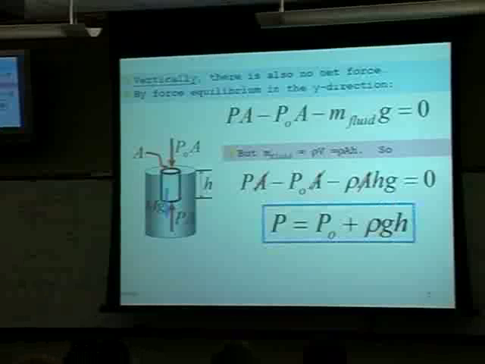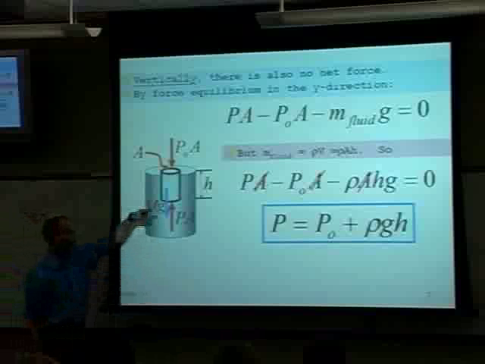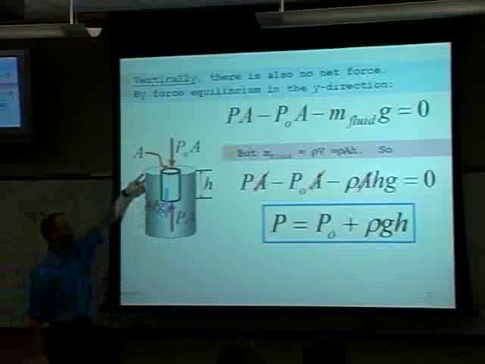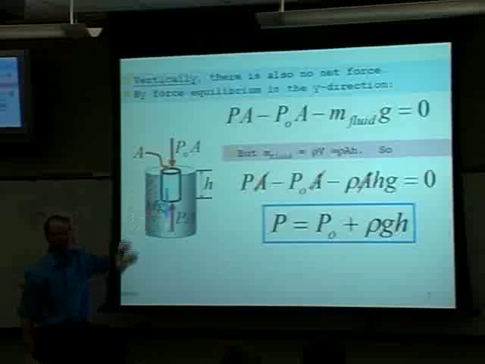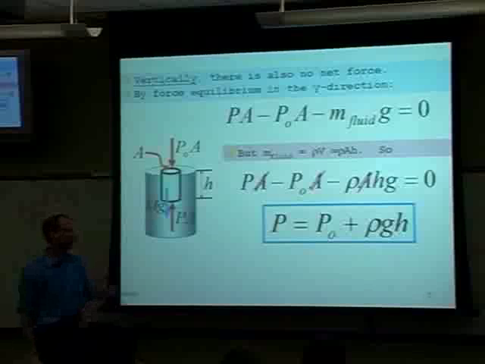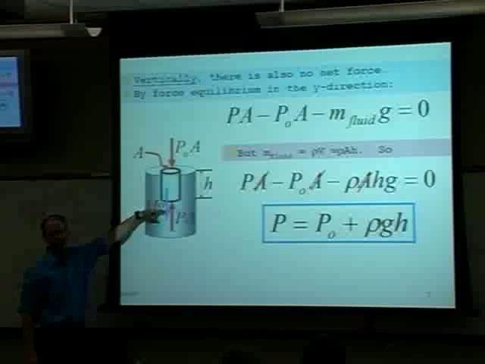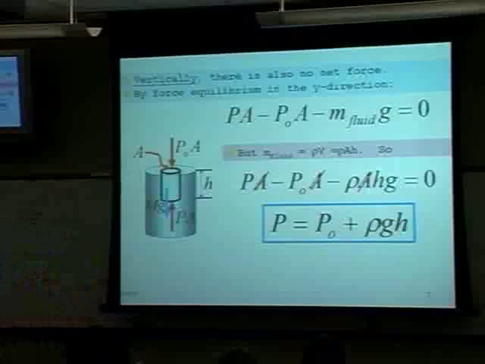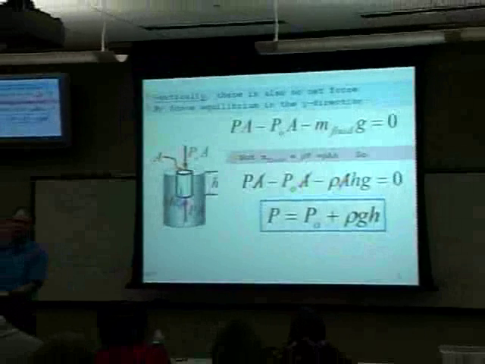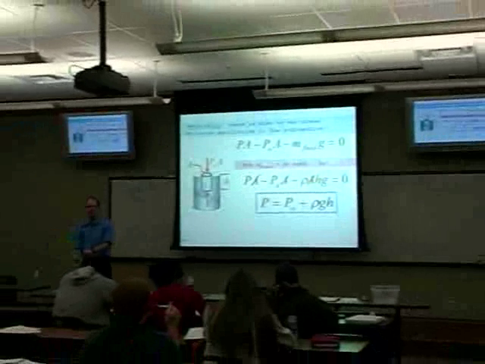That the pressure at some depth is equal to pressure at the top plus rho GH, where rho is the density of the fluid, G is 9.8 meters per second squared, and H is the depth that I went down into that fluid, the depth from the top. The pressure at some depth, H, is equal to the pressure at the top plus rho GH.